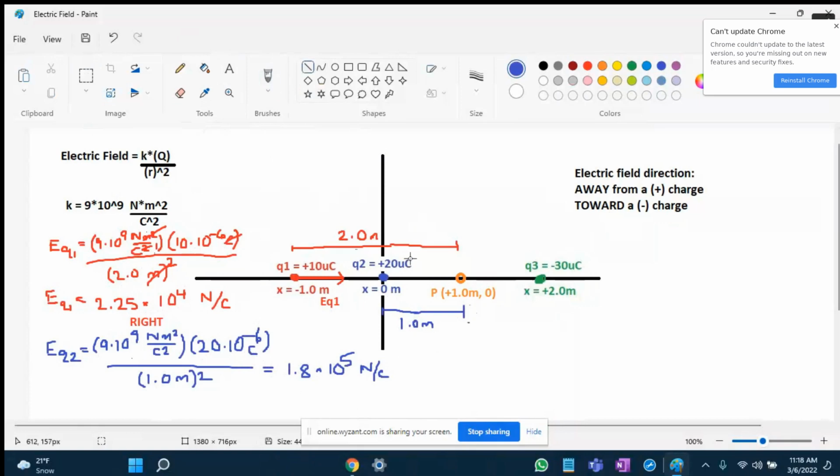And it would be directed away from the positive charge, so it would be directed to the right. So this is EQ2.